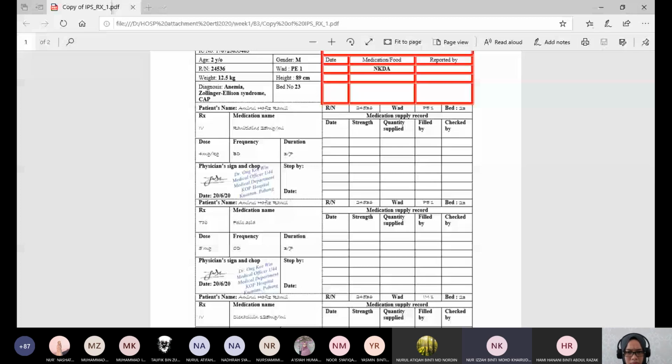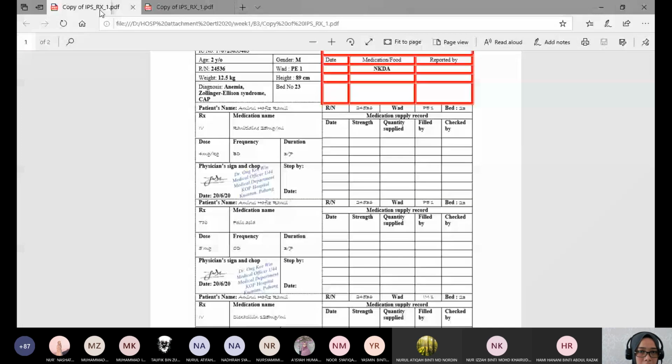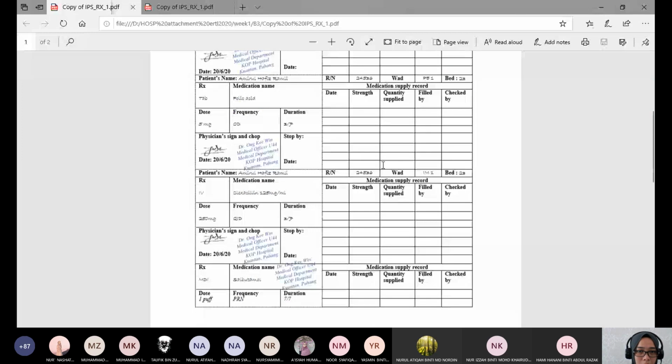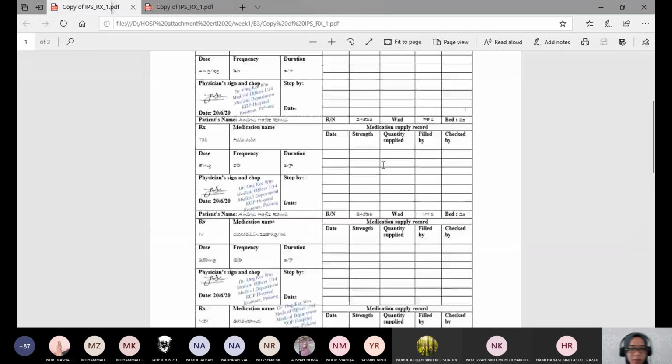Oh, still got. Yes. I cannot see. I cannot see the medication chart. How can I see this medication chart? No. Anyway, I'll just open another one. Okay, so for example, here. Can you see it moving? Yes, doctor. Okay, all right.